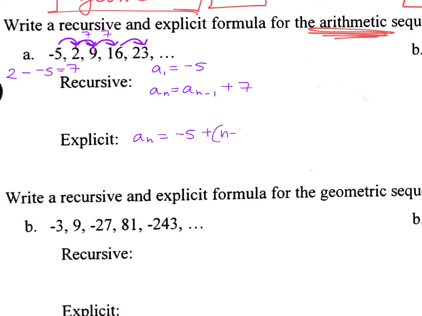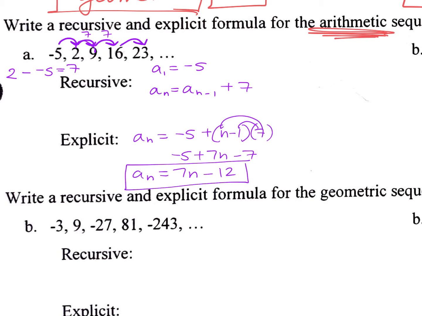Plus, and then it's n minus 1 times that 7. Okay, and now to simplify that, we're just going to distribute. So negative 5 plus 7n minus 7. So you get a sub n equals 7n minus 12 would be the most simplified version of it. Questions on that?